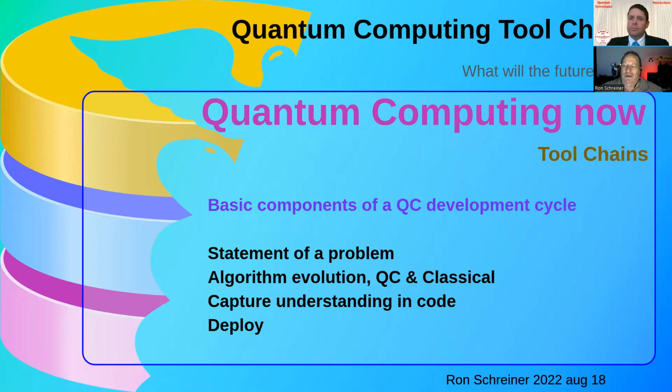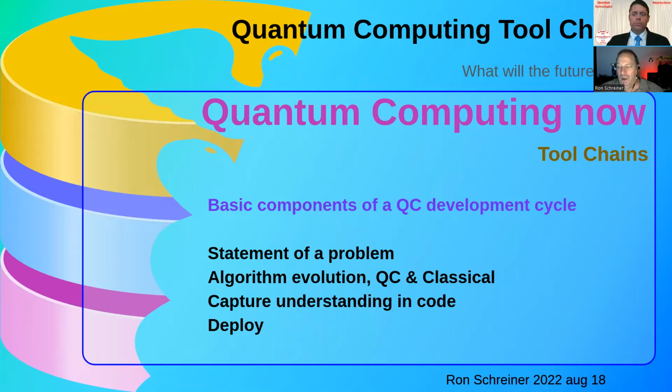Well, you're going to need to state the problem. The more you document that statement of the problem, probably the better off you'll be. Maybe the next step is to do some algorithm evolution, and you may be doing this in the quantum computing realm and in the classical realm, because let's face it, we're still in very much a hybrid environment these days.